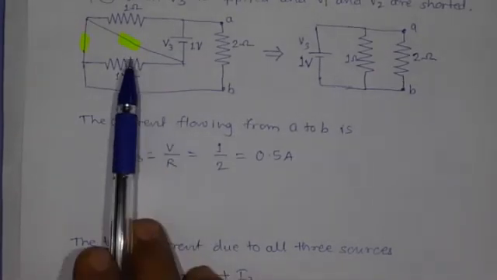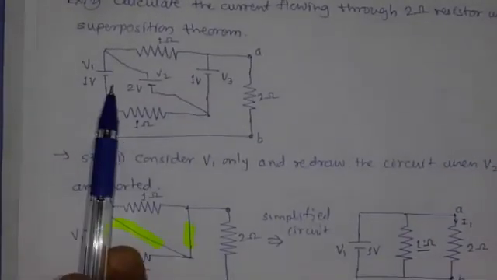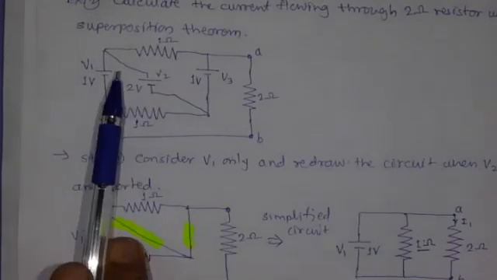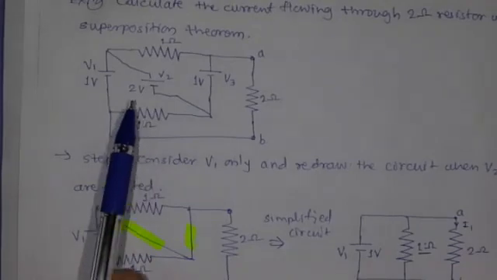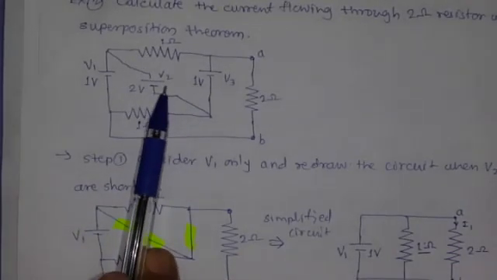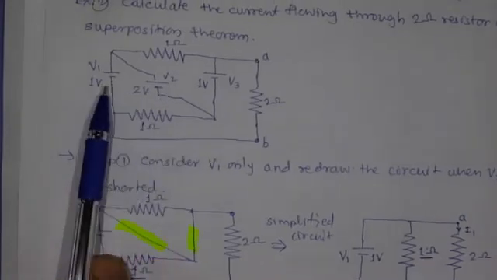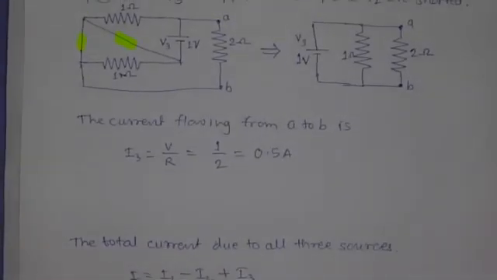Now if you think about the circuit which was initially provided, the circuit should be represented like this. Here it is 1 volt, 2 volt, and this 2 volt is connected across this 1 ohm resistor, and therefore the current due to this V2 should be opposite to this branch as well as this branch, and therefore the value should be represented as a negative value.